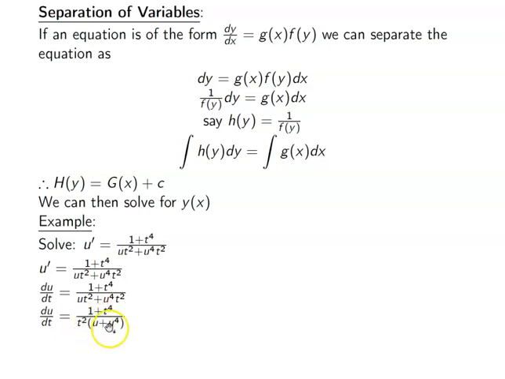And so now, even if you can't see it, it definitely looks like something where it's a function of t times a function of u. The function of t is just 1 plus t to the fourth over t squared. The function of u is just 1 over u plus u to the fourth. Okay, so I can separate them into the respective u functions and t functions like this.